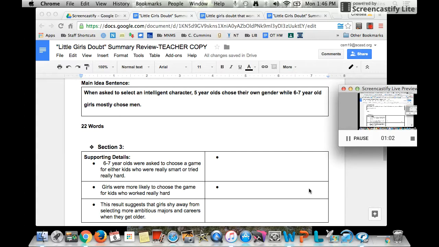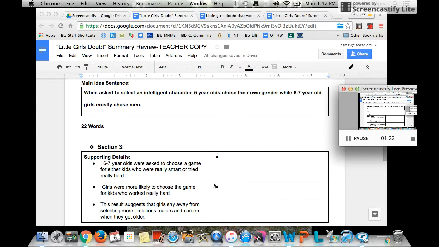I have 6 to 7-year-olds were asked to choose a game for either kids who are really smart or tried really hard. Girls were more likely to choose the game for kids who worked really hard. And the third supporting detail that I have is this result suggests that girls shy away from selecting more ambitious majors and careers when they get older.